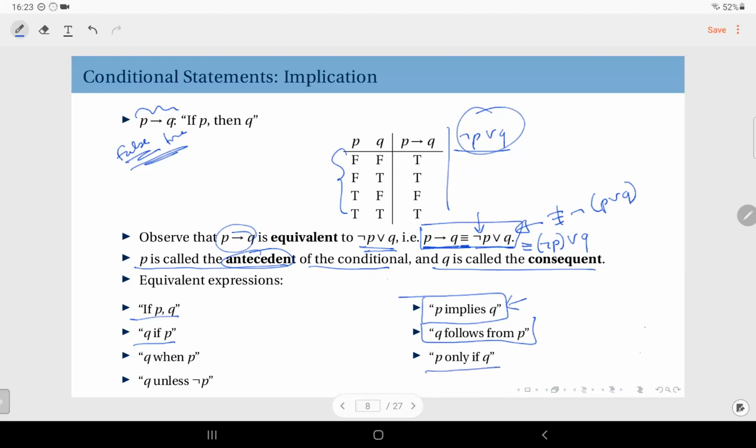And P only if Q. You have to be careful about the order here. It's not Q only if P, it's P only if Q. Now, you might want to think about this a little bit. There is not a typo here, right? It's actually if P then Q. That is the same as saying P only if Q, right? Maybe you might think about this a little bit. And these expressions or statements are all equivalent when we talk about implication.